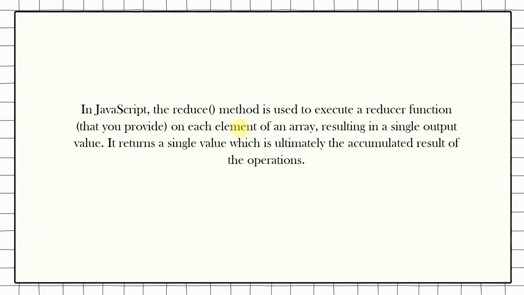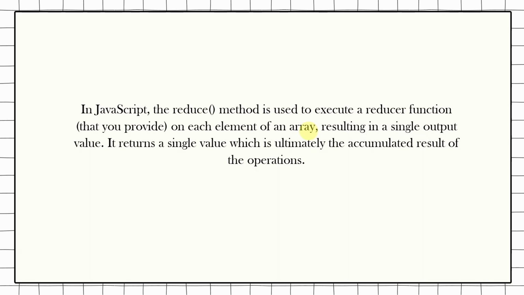In JavaScript, the reduce method is used to execute a reducer function that we provide on each element of an array. We have seen this for map and for filter too. For every callback, the current element of the array is passed and the operation is performed.